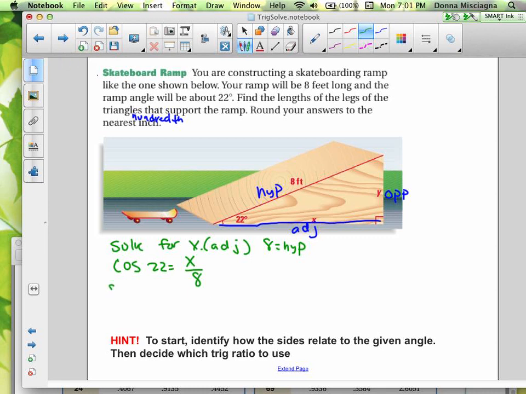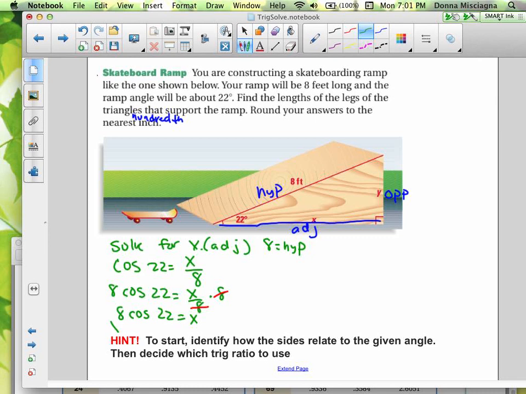Let's multiply both sides by 8 so that we can isolate x. There the 8's cancel out. So now we have 8 times cosine 22 equals x.